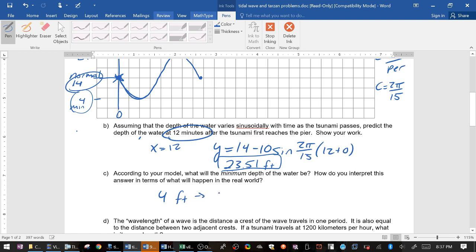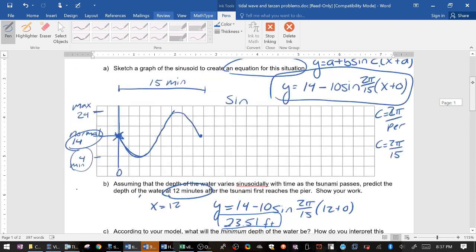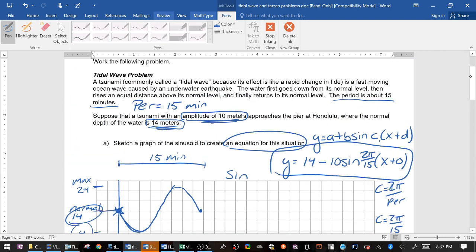And we'll say, as the tidal wave passes, let's see, hold on, I want to make sure I get this right.